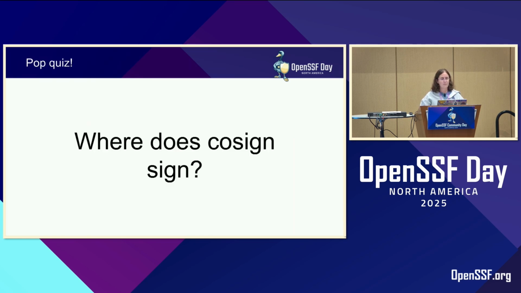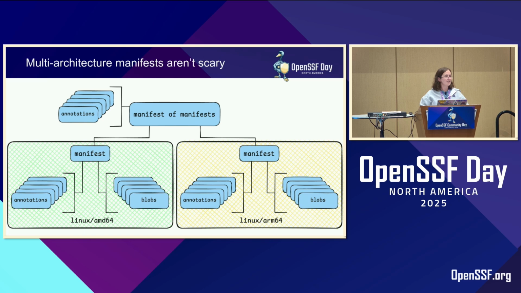So, pop quiz. Where does Cosign sign? I promise I will not identify any of you or ask for your names. Repo? OK. Rekor? No, I meant where on the diagram, sorry. Where on this thing does Cosign sign? When you say Cosign sign the image, what happens?